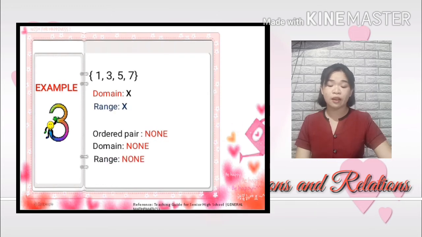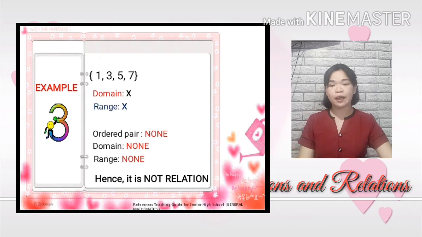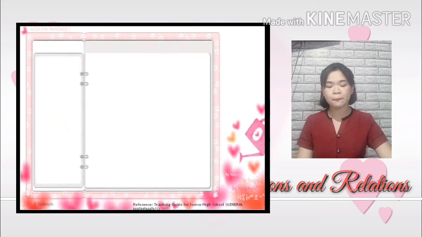Therefore, this one is not considered as relation because this is just a set of numbers. This is not a set of ordered pairs. That's why we do not consider this a relation. Are we clear?